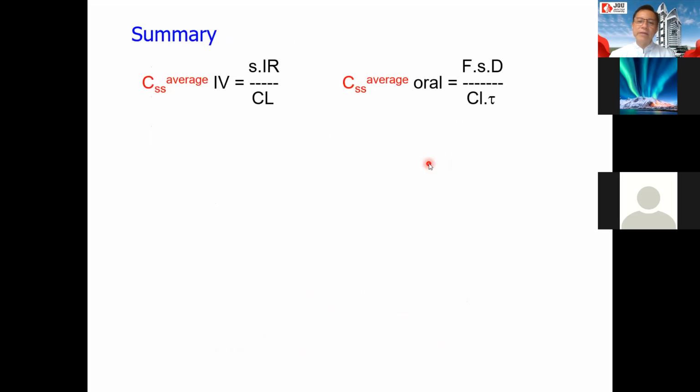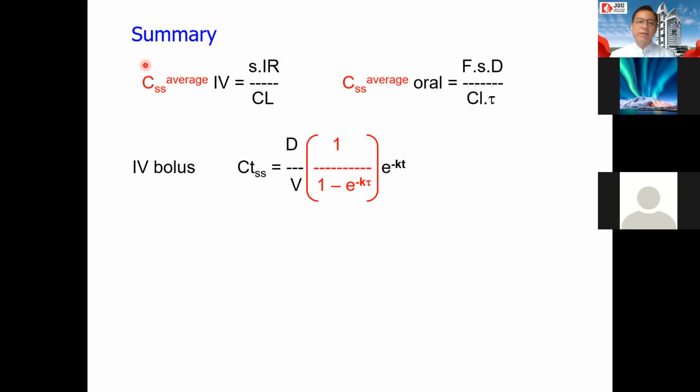So as a summary, this one is Css average. This one is IV, this one is oral. Because for oral you have F, bioavailability, and S, and because oral has no infusion rate, it is dose divided by tau.